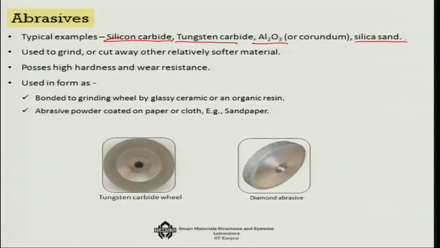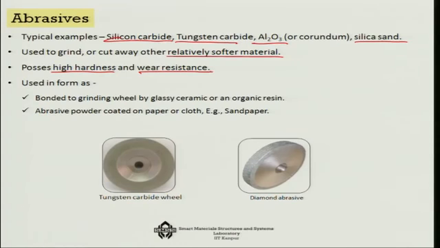They are used to grind or cut away other relatively softer materials. Because they are used for cutting away or sharpening other softer materials, they have very high hardness and wear resistance.